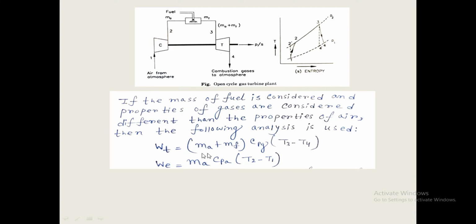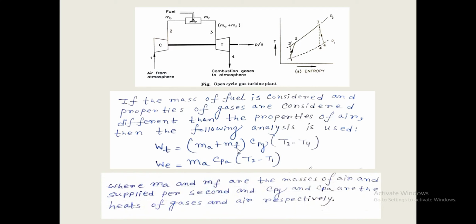Wt is equal to (Ma plus Mf), where Ma and Mf are the masses of air and fuel supplied per second, and Cpg and Cpa are the specific heats of gases and air respectively. So Wt is equal to (Ma plus Mf) into Cpg (T3 minus T4), and Wc is equal to Ma into Cpa (T2 minus T1).